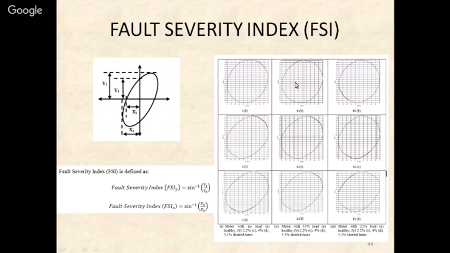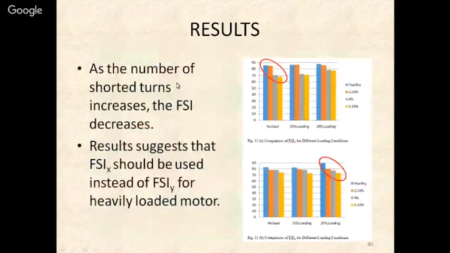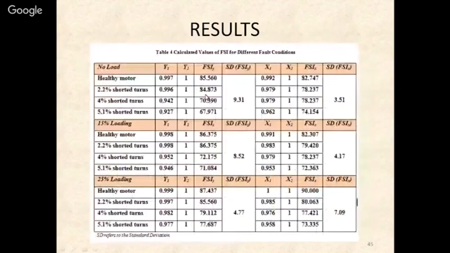So we can see that the deformation of the circle is occurring for heavy load and for a high percentage of shorted turns. So here we can define some fault severity index for diagnosis of the fault. These are some of the results obtained from this experimentation.